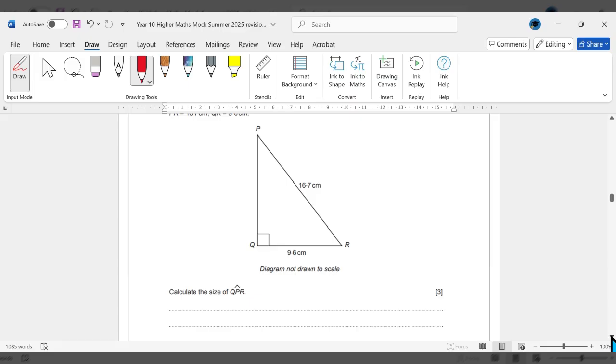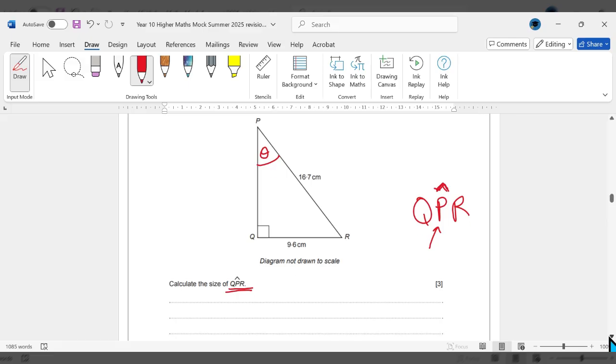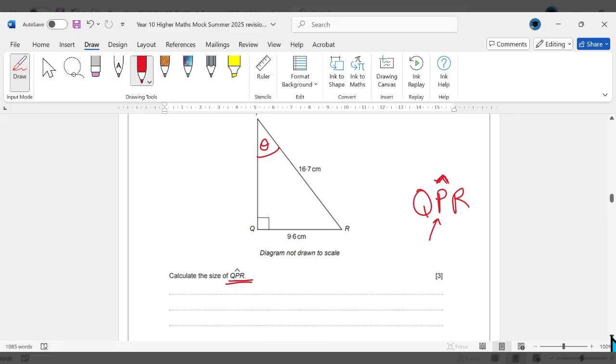This looks like Pythag. I was waiting for it to say find, square, square, subtract, square root, right? But calculate the size of, if ever you see this, the middle one there is the angle they want, the one that's got the roof. That means work out this angle P. This one, whenever we're finding an angle, is SOHCAHTOA, right?